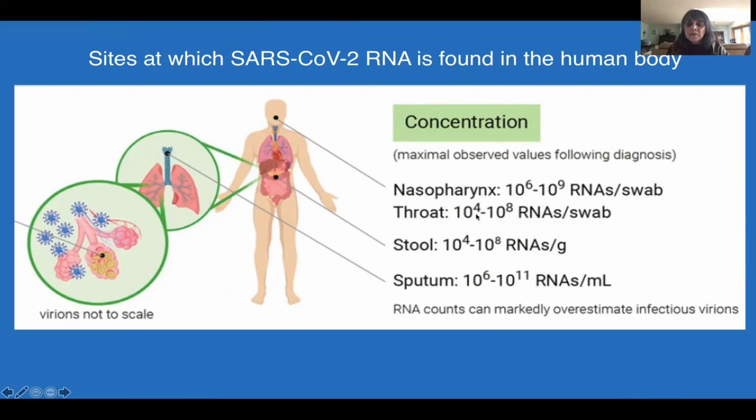In the throat, there's about 1 to 2 orders of magnitude lower. It's found in the stool as well, and then in sputum. And the sputum actually has the highest amount of virus. This is probably why some nurses, if they don't have proper PPE, are so readily infected, because of the virus coming out in the sputum.